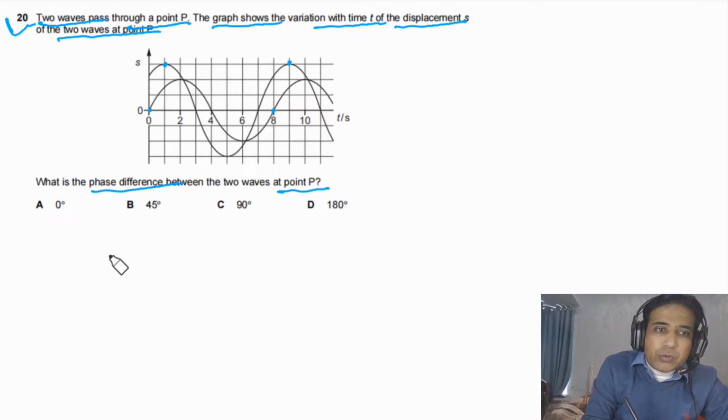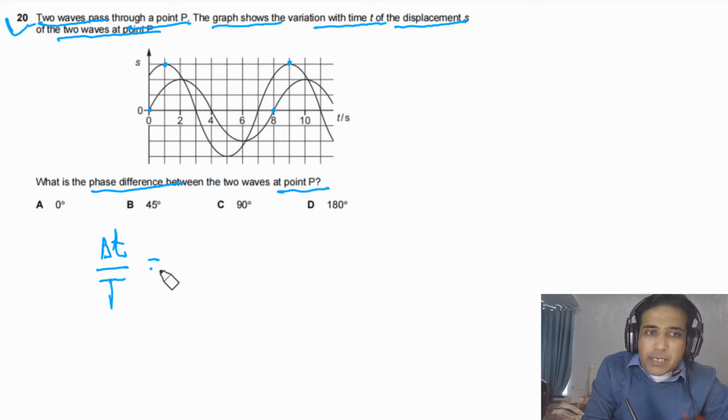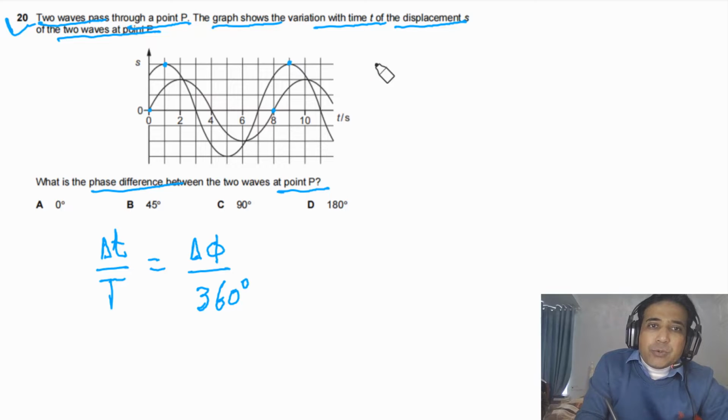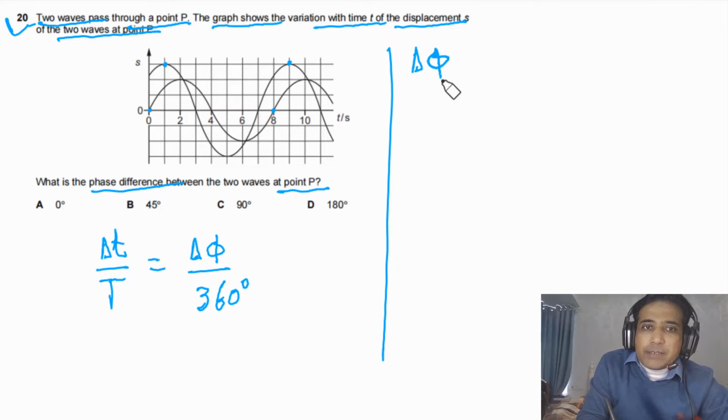And also we need to understand the ratio between the time difference delta t divided by time period. This is equal to phase difference divided by 360 degrees. So for this question we need to find out phase difference.